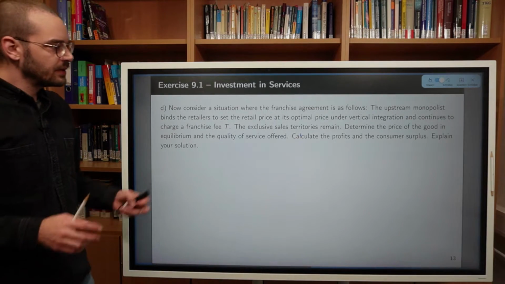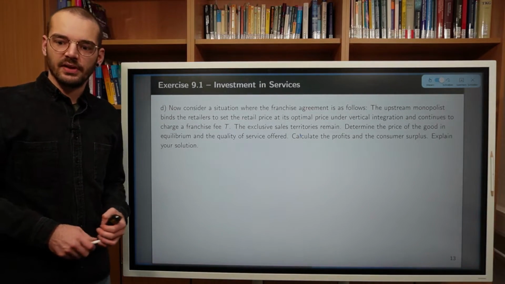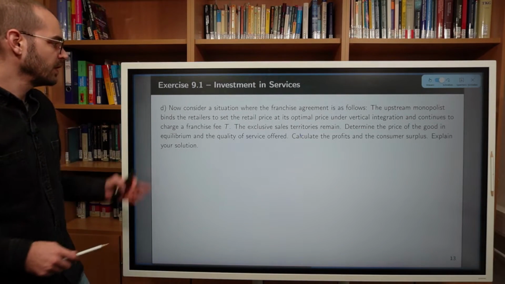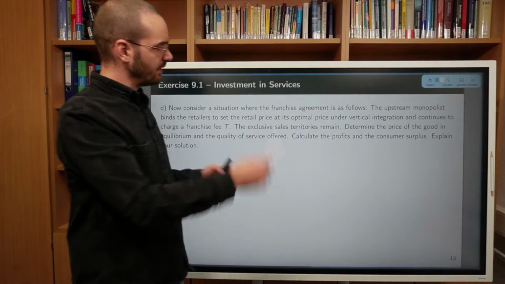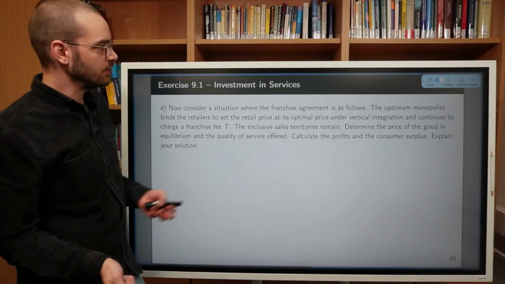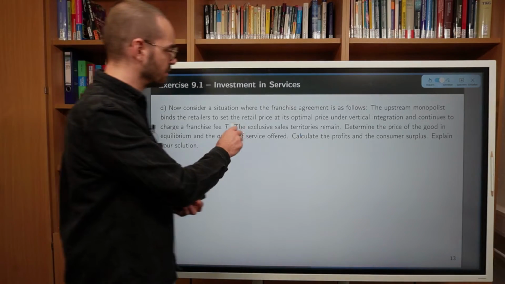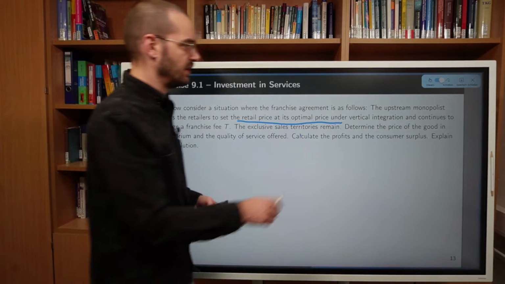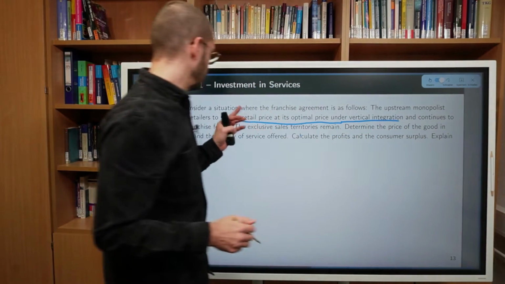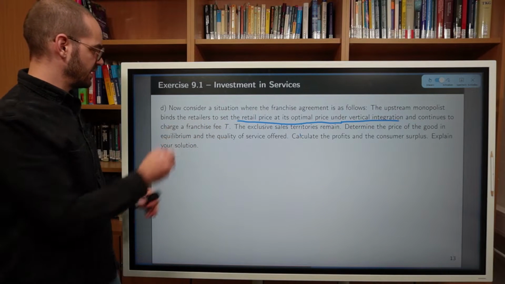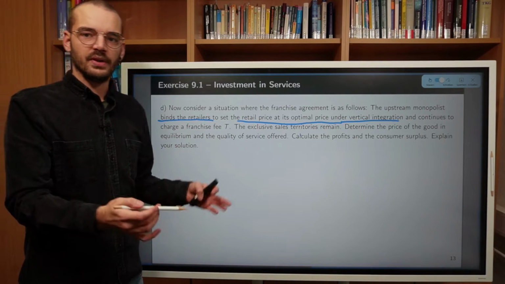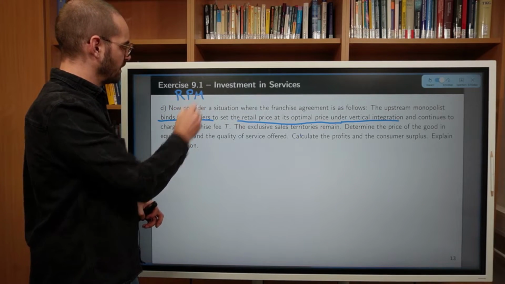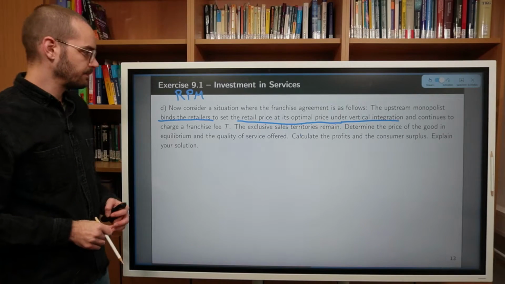Right, let's now consider a different version of this franchise contract and analyze what happens if we adjust this contract. We are now asked to consider a situation where the franchise agreement is as follows. The upstream monopolist binds the retailers to set the retail price at its optimal price under vertical integration. So what we are going to analyze here is RPM, resale price maintenance.